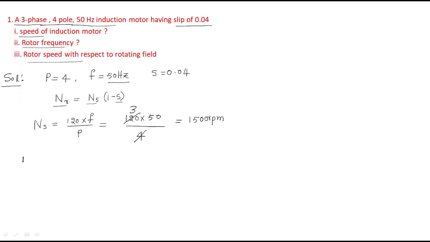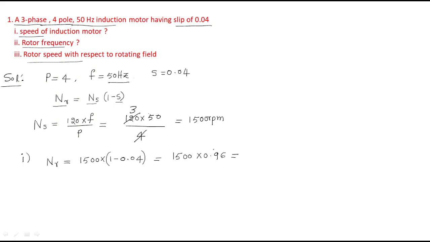Now we will find the first point, the rotor speed. Rotor speed equals Ns, which is 1500, into (1 minus s). 1 minus s means 1 minus 0.04, which is 0.96.